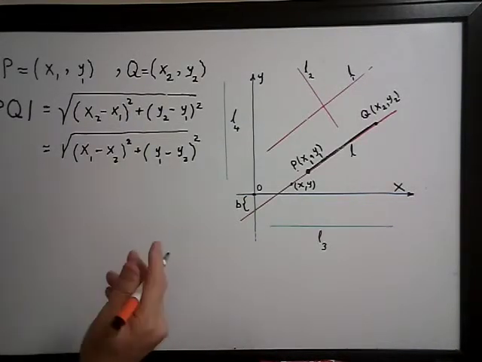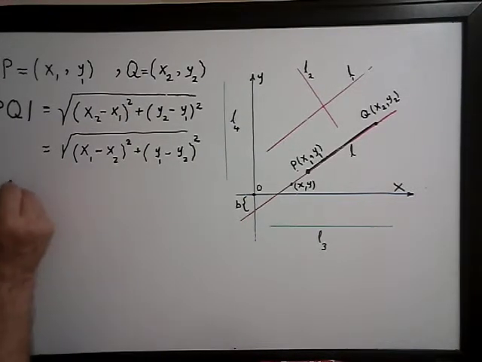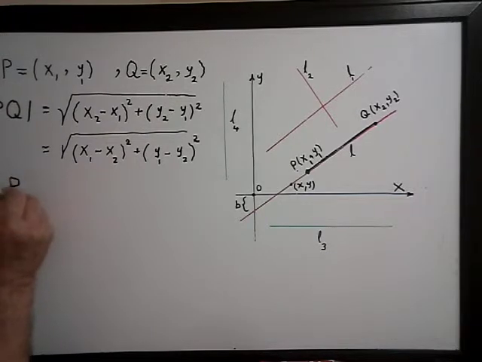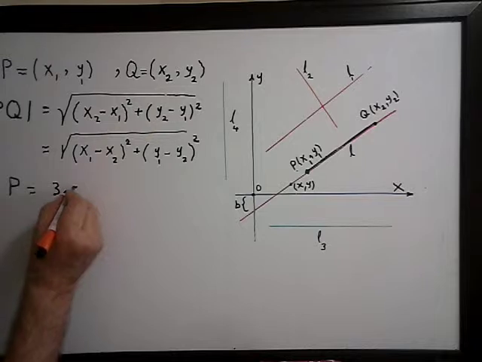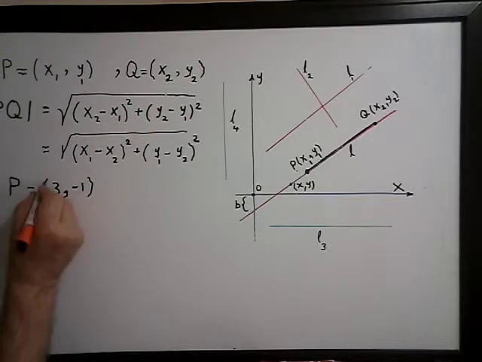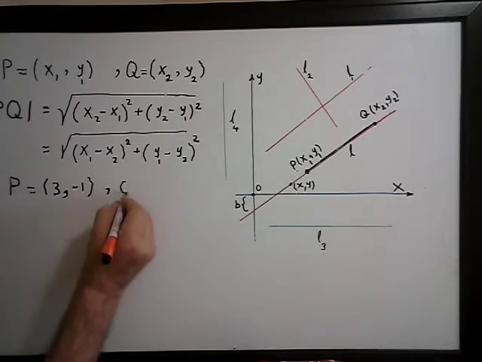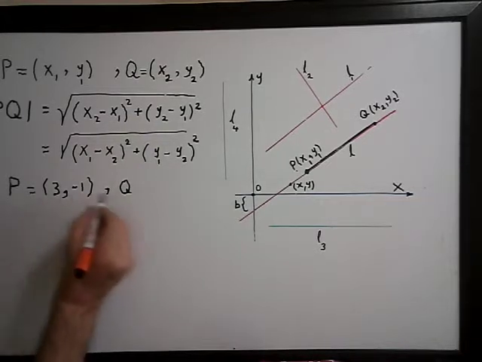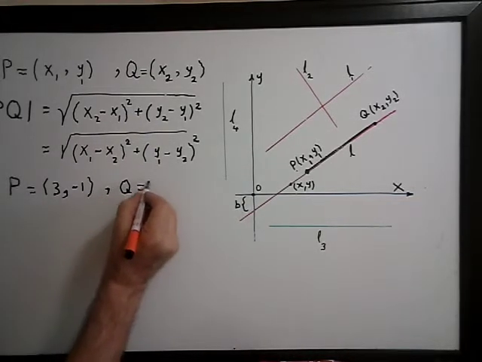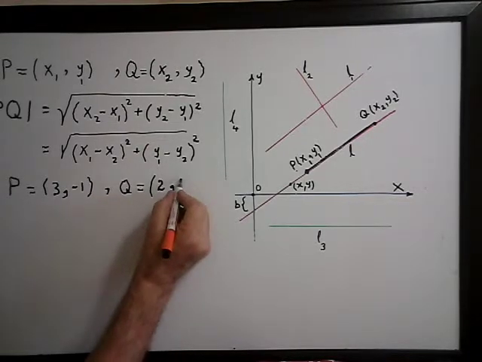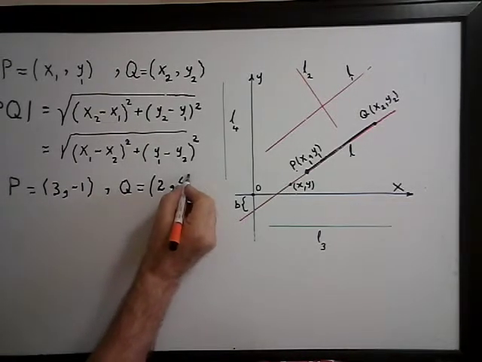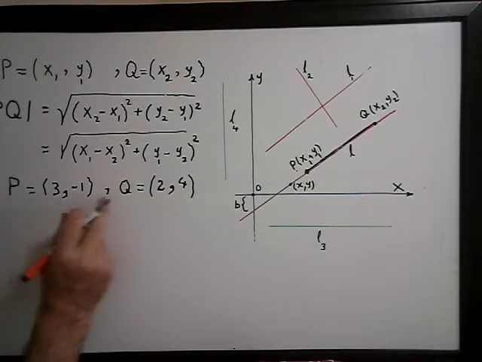Let me give you a simple example. If P is 3 and minus 1, Q is 2 and 4. So what's the distance between P and Q?